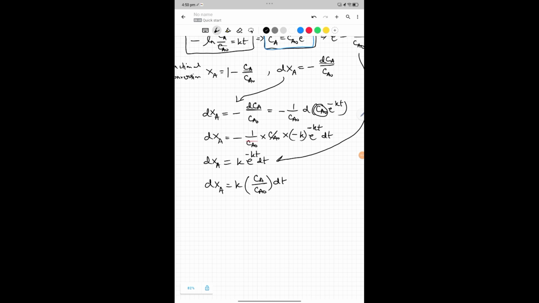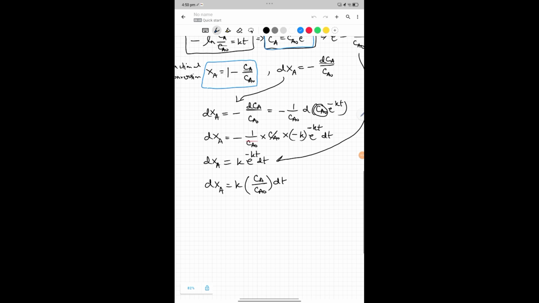Again, if xa is 1 minus Ca by Ca naught, what is only Ca by Ca naught? It is 1 minus xa. So we can substitute this over here.